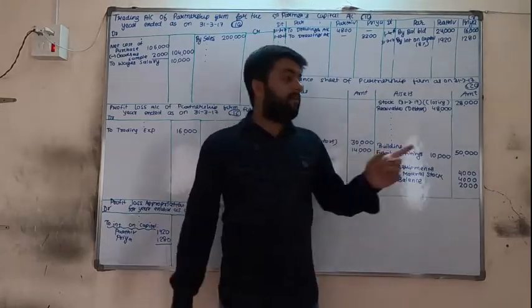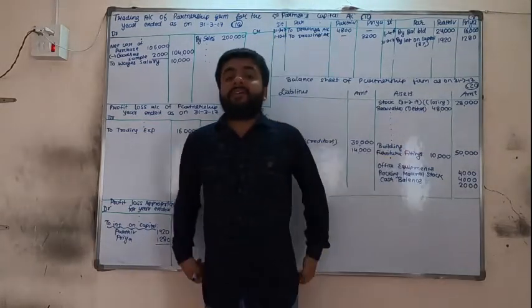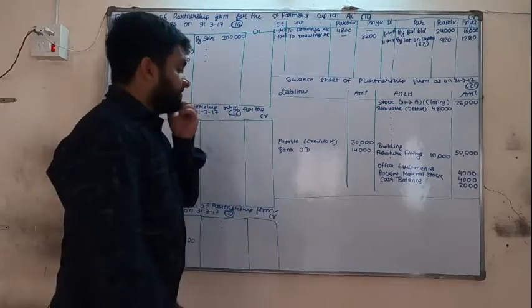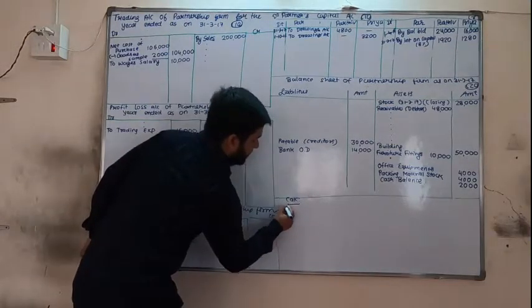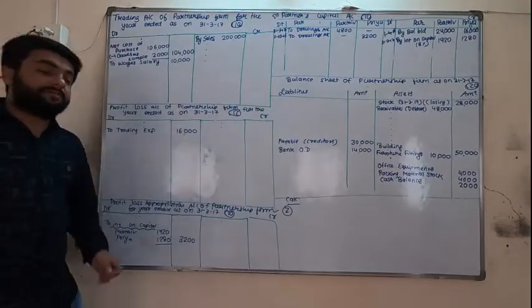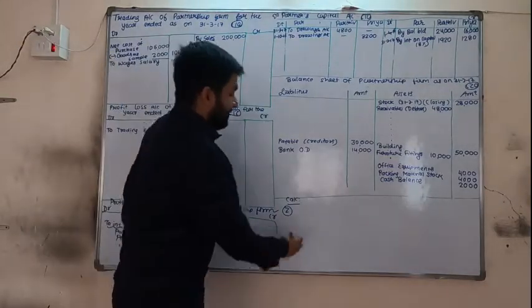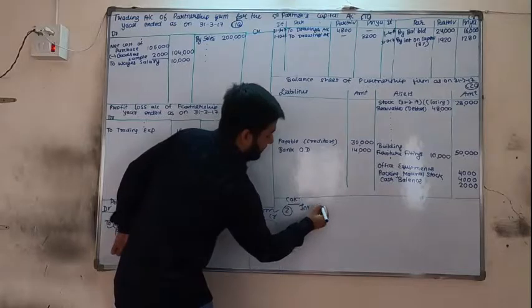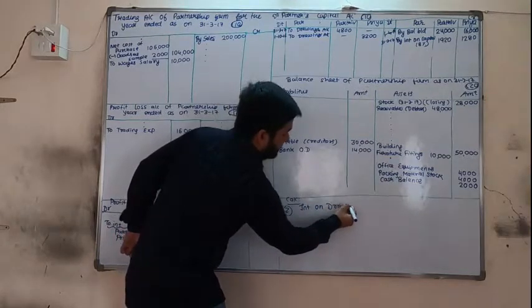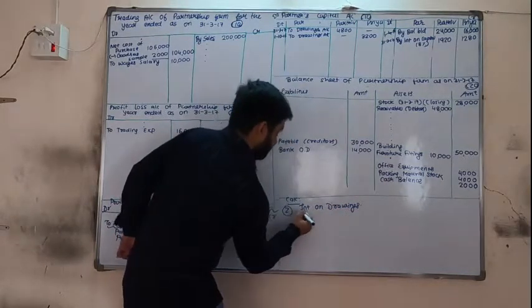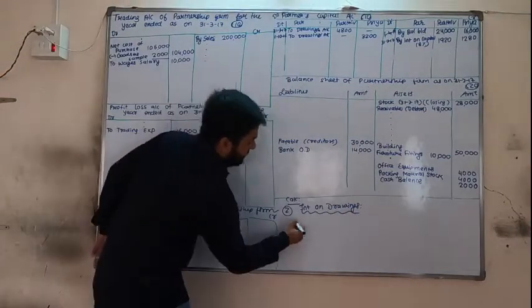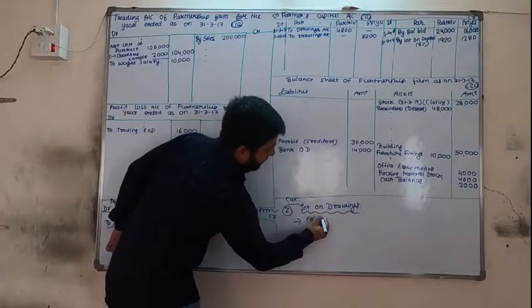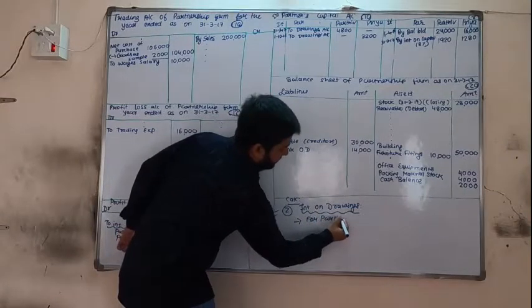Okay. Now in the same first adjustment we have been given the interest on drawings also, so we need to calculate. In calculation number 2, why do we need to calculate? Because both are given in a different way. Give the heading interest on drawings, then an arrow, and write for Parthiv.